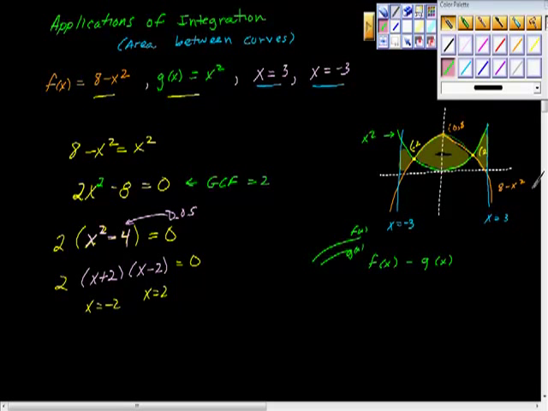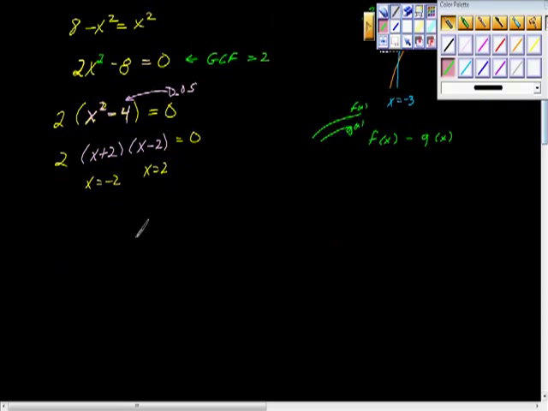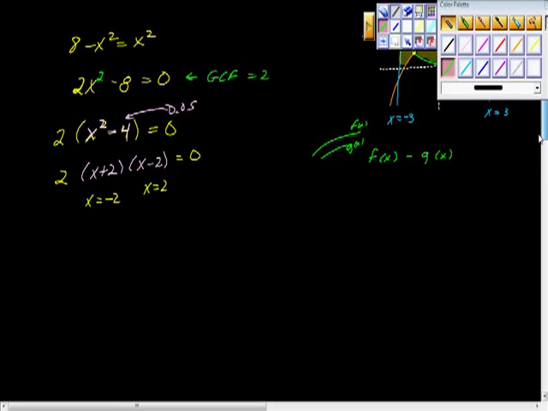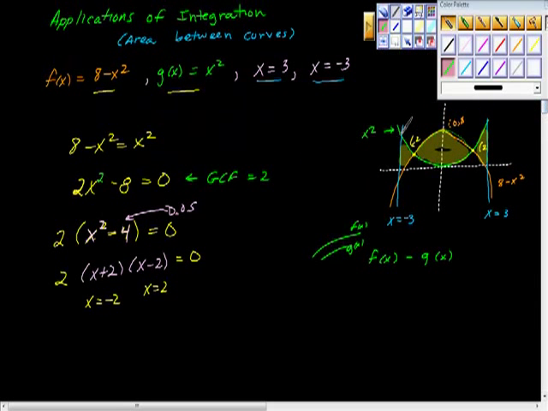So where are we going from there? Now we know we have this. On the first part, we know x squared is at the top. So we can start setting up our interval and say, okay, from -3 to -2, we want x squared minus 8 minus x squared, don't we?